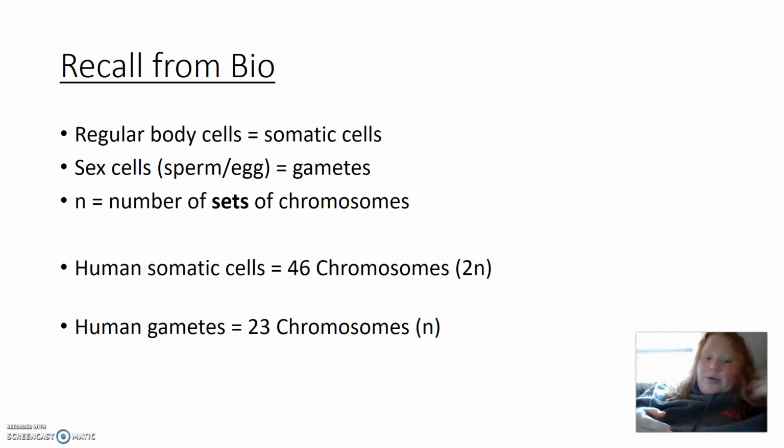You have a chromosome from mom, you have a chromosome from dad. They're together, like they're paired, right? They have the same genetic information, but you have 2 complete sets of chromosomes. So we refer to that as 2N. But in gametes, you only have 1 set of chromosomes. So eggs and sperm, there's only 1 set of genetic information. And we refer to gametes as haploid or just 1N. Whereas the 2N somatic cells we refer to as diploid.